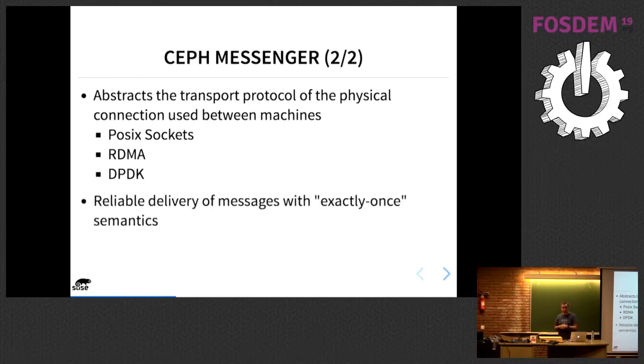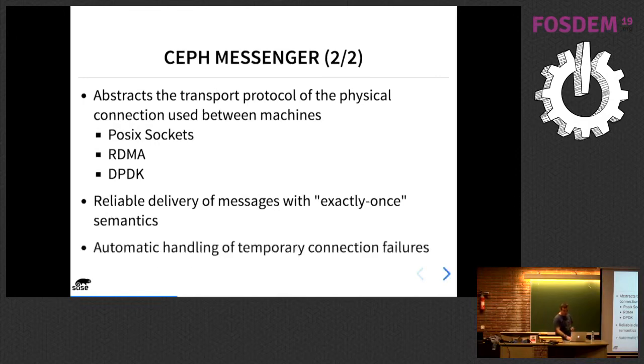It uses reliable delivery of messages, and it also gives you exactly-once semantics. And besides that, it also abstracts away some temporary connection failures. So when there are failures at the transport level, it takes care of reconnecting to the peers and making this as transparent as possible for the applications that use it.